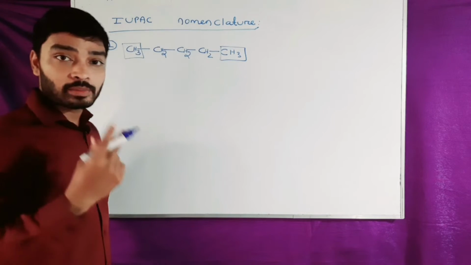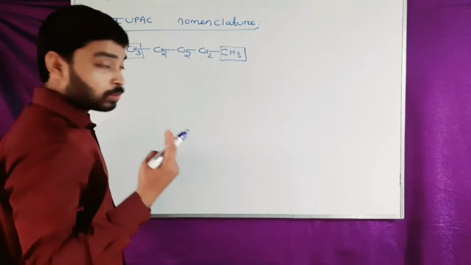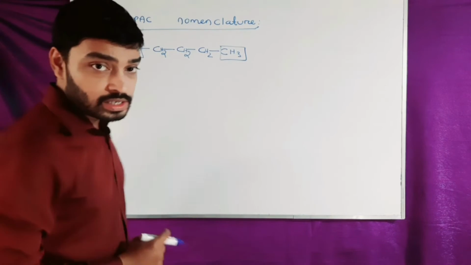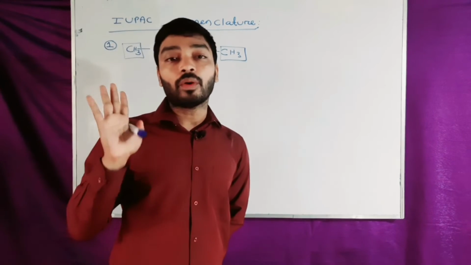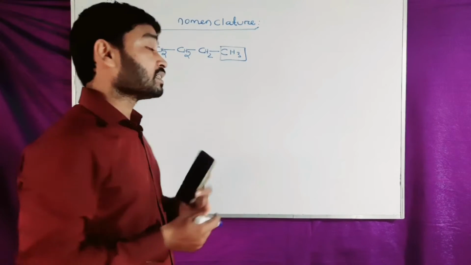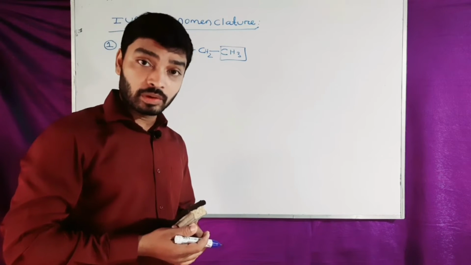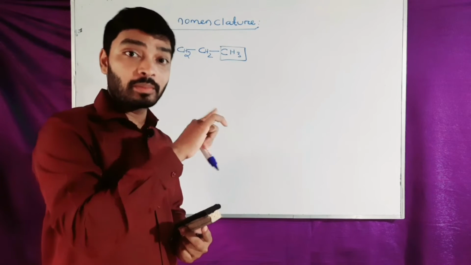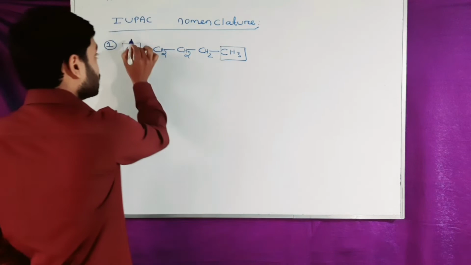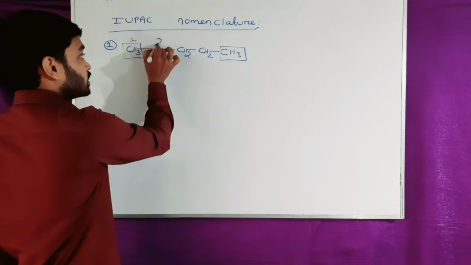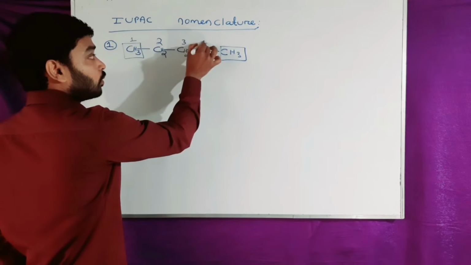Due to two carbon ends, if an organic compound contains two ends, then it is called a straight chain organic compound. And in this case, if there is no functional group, we can number that carbon chain from any side. That means we can number here like this: 1, 2, 3, 4, 5.